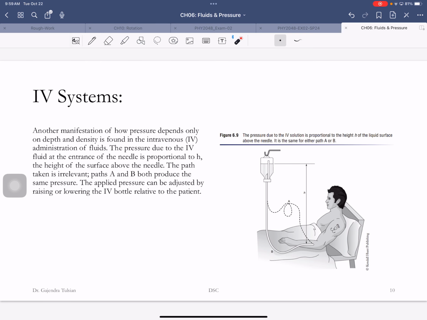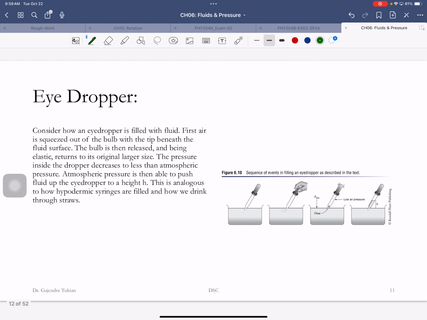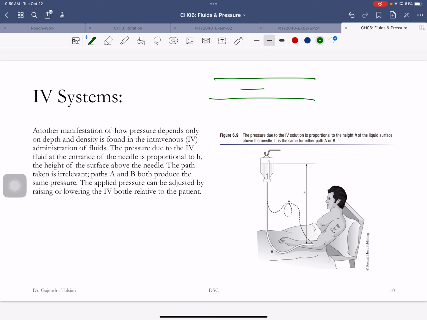So here's an intravenous system. We'll come to this in a second, but let me mention it here. If you want to make fluid flow in this direction, the pressure here must be higher and the pressure here must be lower.